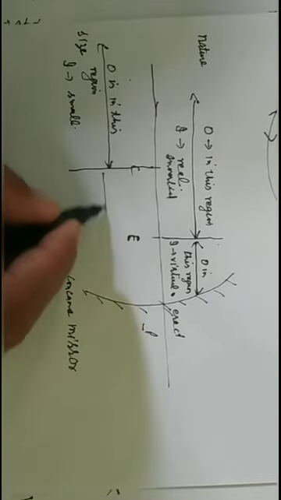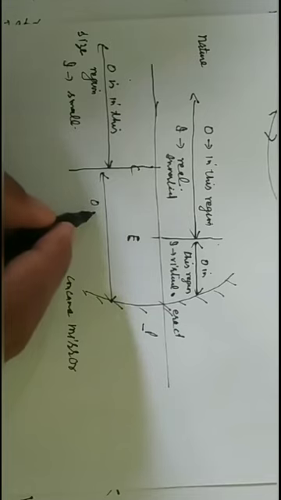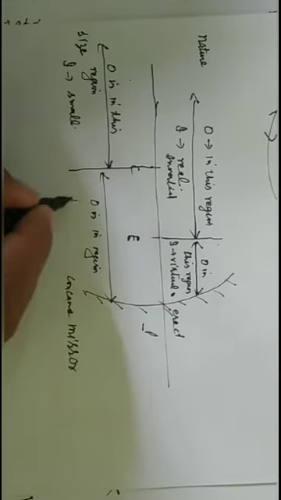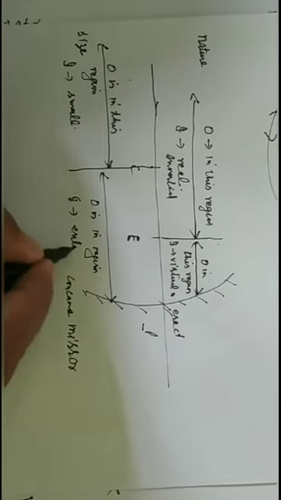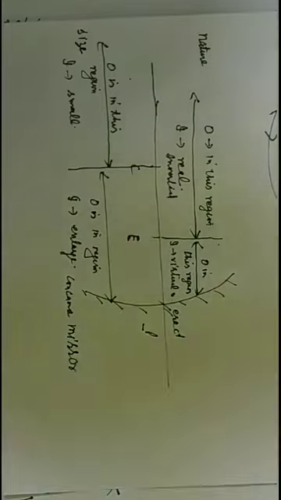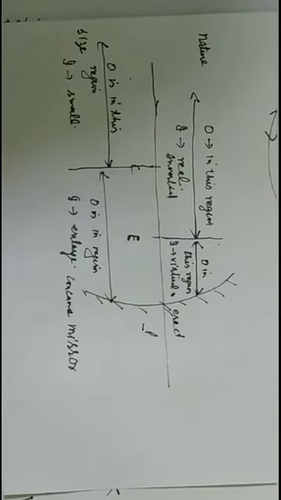If your object is from C to P anywhere, in this region, then the image will always be enlarged. It is having large size. Anywhere you place your object in this region, the image is enlarged.